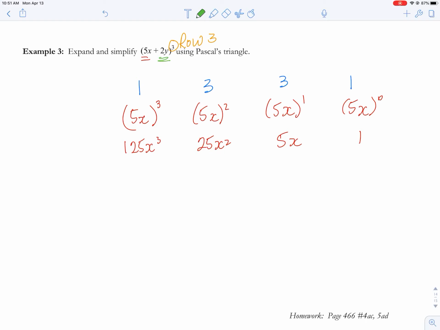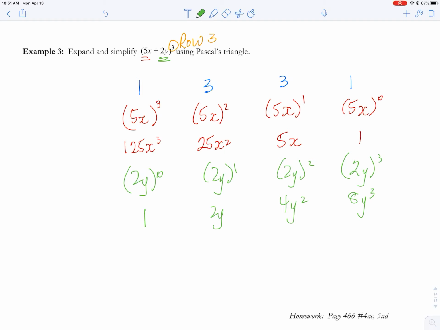Then I'm going to take my second term, and I'm going to go backwards. 2y cubed is 8y cubed. 2y, the whole thing in brackets, squared is 4y squared. 2y to the 1 is just 2y, and 2y to the 0 is just 1.